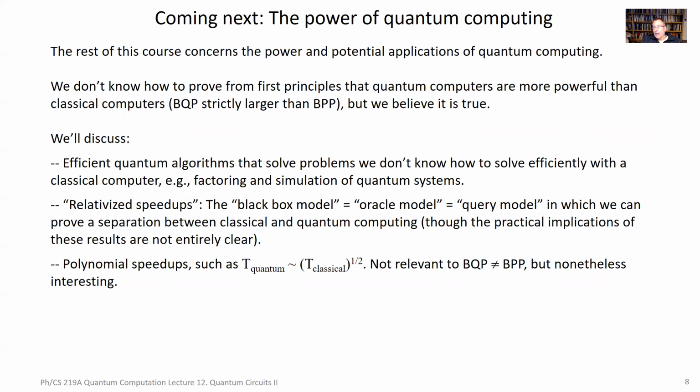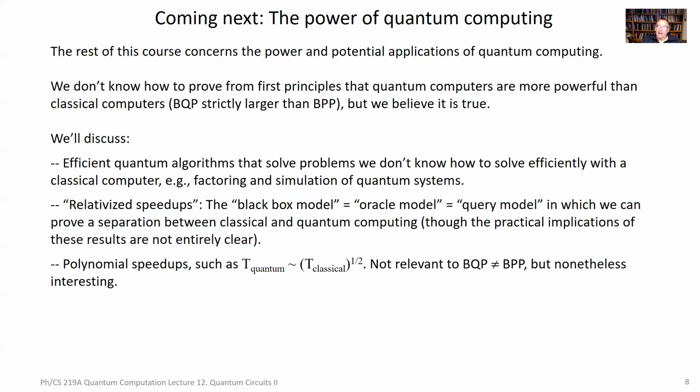The idea is that we have some subroutine we can call, which does something, and we compare making use of that box classically and quantumly, where in the quantum case, we're able to make use of it on superpositions, and in the classical case, we're not. And then to measure complexity, we just ask how many times do we call that subroutine, or in the lingo, how many times do we query the box or query the oracle in order to solve the problem.